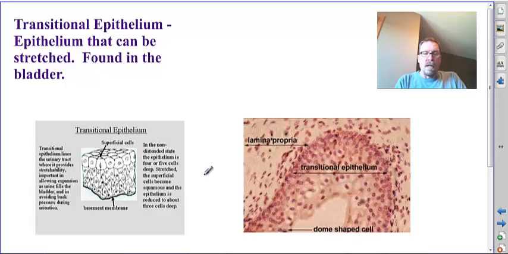And I'll point out right now that as you look at what you have here, you know, it kind of looks cuboidal. The difficulty in histology isn't understanding the tissues, it's looking at the micrographs and the other types of photos that you have and identifying what you have. What makes transitional very special is that it can stretch. The cells themselves can actually stretch, and you find this in your bladder.